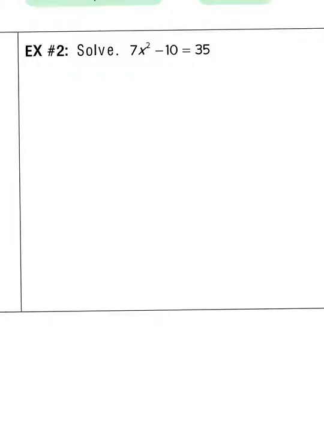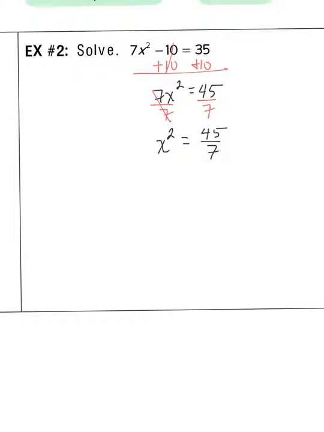Okay, so hopefully you did try this on your own, so we're going to add 10. So we get 7x squared is equal to 45. When you divide by 7, however, it's not as nice as number 1. 7 doesn't divide in there evenly, and you cannot divide 45 and 7 by the same number, so it's just 45 sevenths.